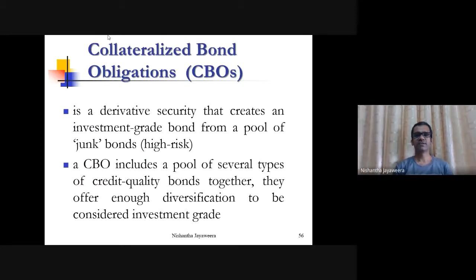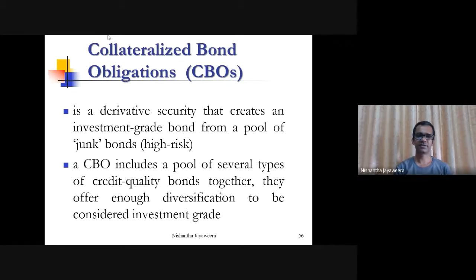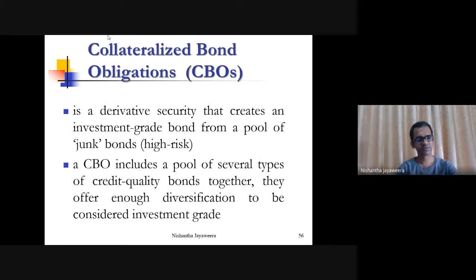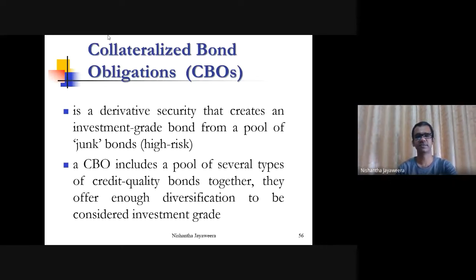So what is the advantage for the investors? Investors may not get a chance to invest in a mortgage. Say, as an individual investor, I want exposure to the real estate market or the mortgage market.